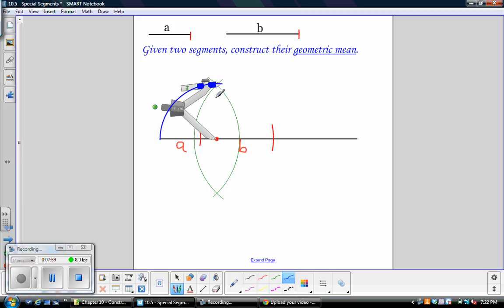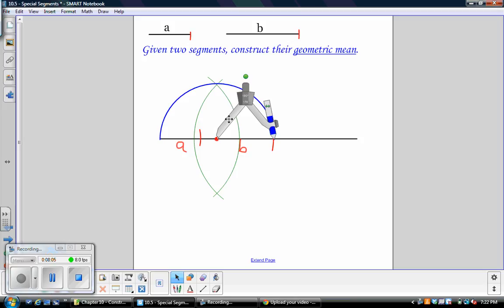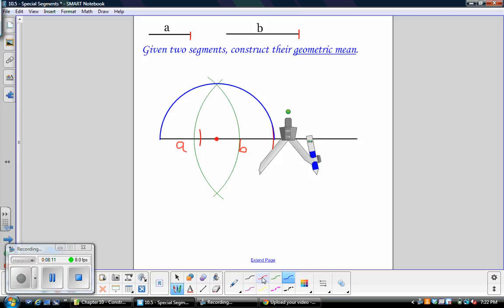Draw your semicircle. There's our semicircle. Now what you need to do is construct a perpendicular at the intersection here of segment A and segment B up to your semicircle.